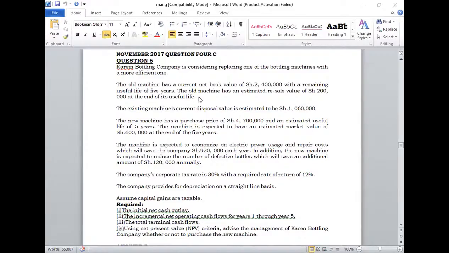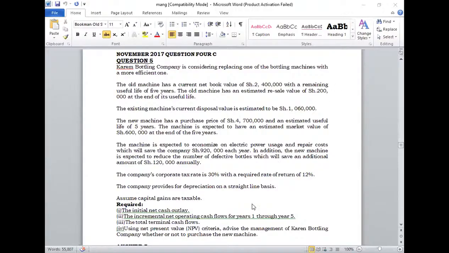The old machine has an estimated resale value of 200,000 at the end of its useful life. Most importantly, they are telling us that should we want to sell this existing machine today, the existing machine's current disposal value is estimated to be 60,000.